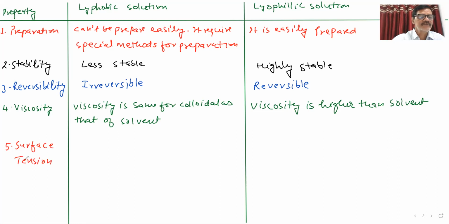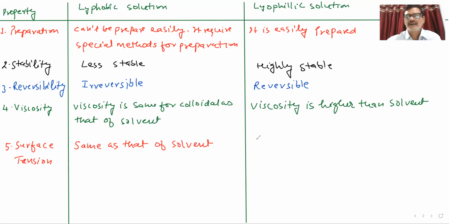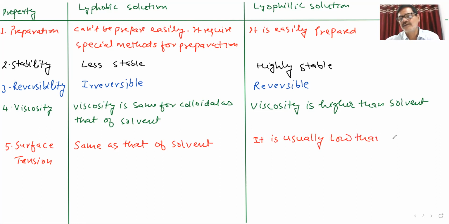Surface tension is same as that of solvent. Here it is usually low than solvent.